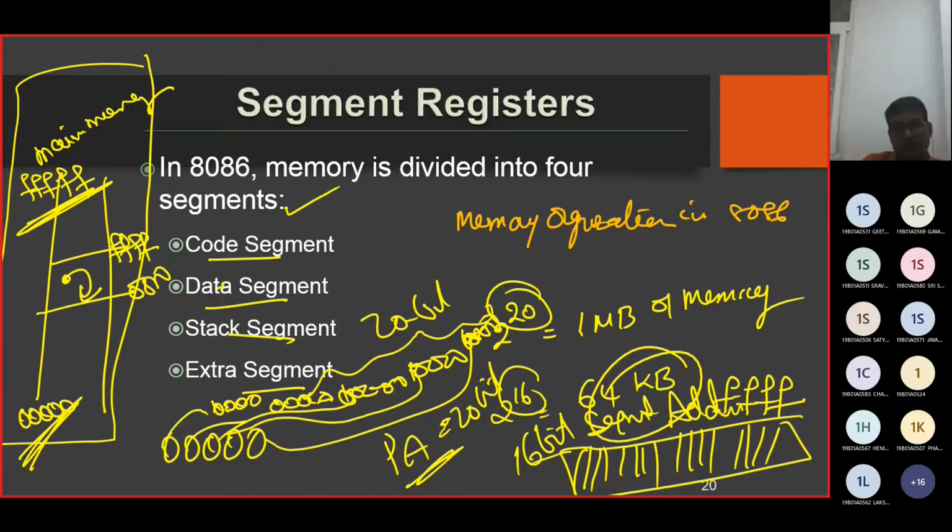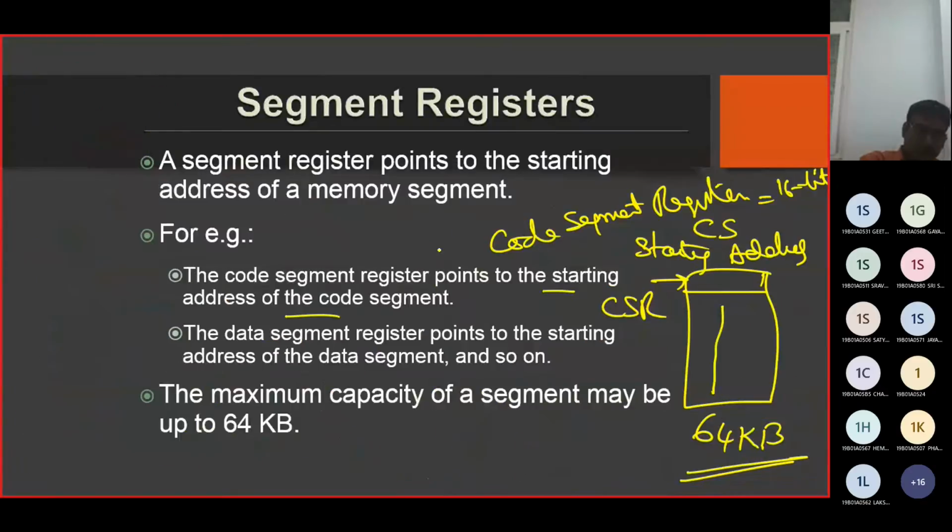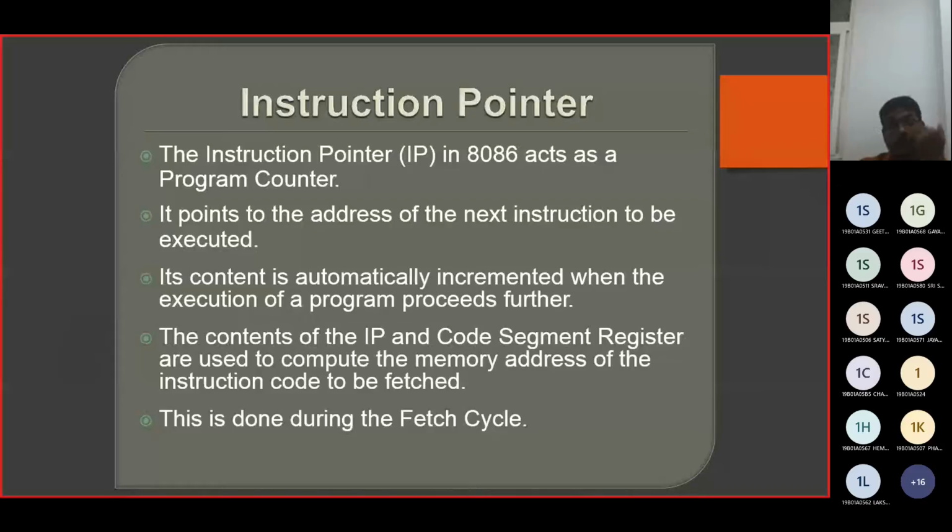From the starting position to the end, I need some distance, and that distance is measured with another 16-bit register. So we combine 20 and 16 bits, but obviously we won't get a 36-bit register; it will be only a 20-bit register. This is the discussion we made in our earlier point.